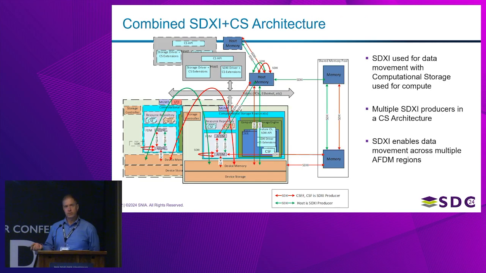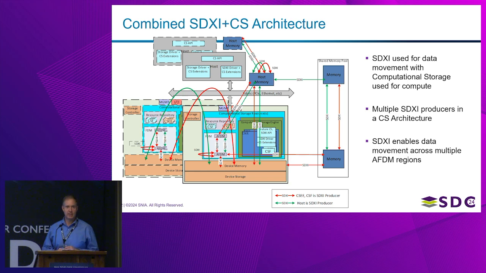So one of the things we've been thinking about is, what would a combined computational storage and SDXI architecture look like? These diagrams probably look familiar from earlier in the presentation, but it's been expanded a little bit to include shared memory shown over on the right-hand side. There's red arrows and green arrows all over the place.